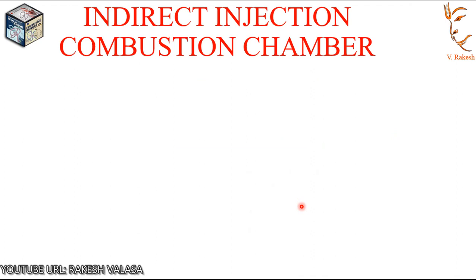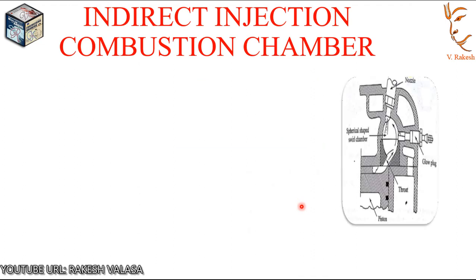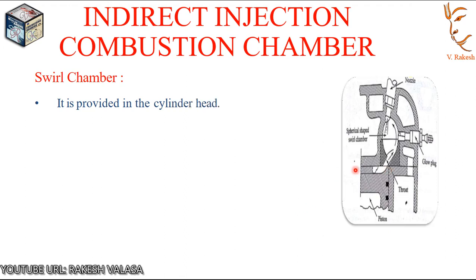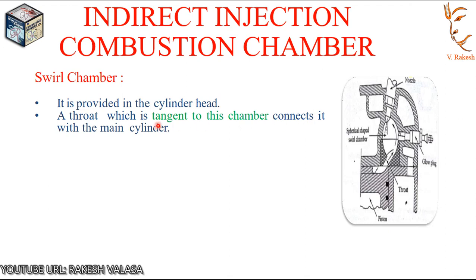Now let us discuss indirect injection combustion chamber types. In this, first one is spiral chamber. It is provided in the cylinder head, and a throat which is tangent to this chamber connects it with the main cylinder.